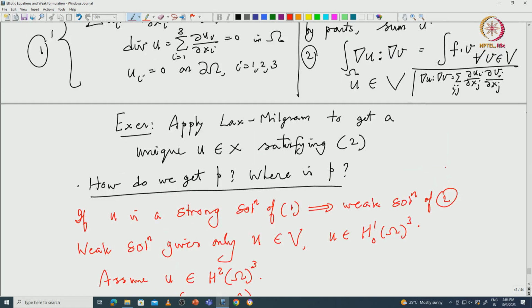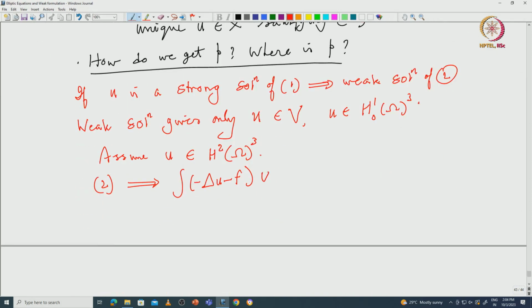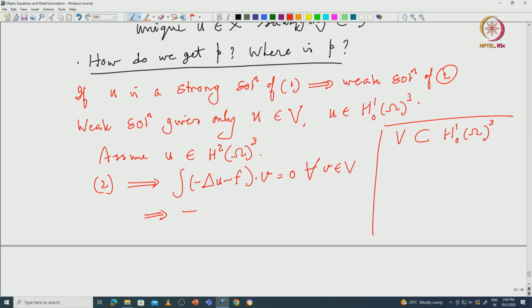You just take that weak formulation for V as a dot product equal to 0 for all V in V. But recall that V is a divergence free vector. So, it is not the full space, you cannot conclude from here that Laplacian of U equal to 0.